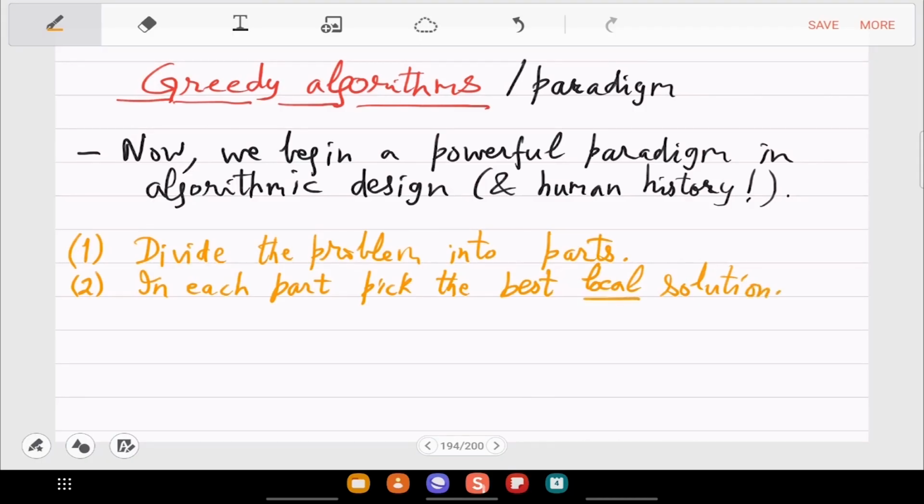In that small locality, you find the best solution, and then show that this solution is actually the best global solution also.